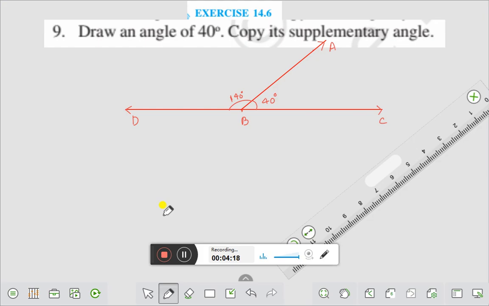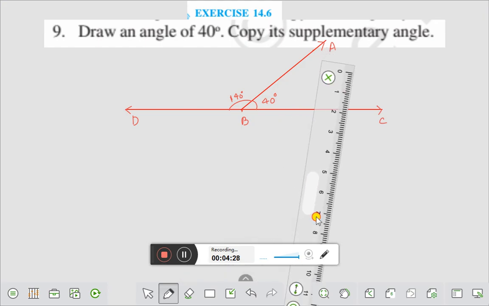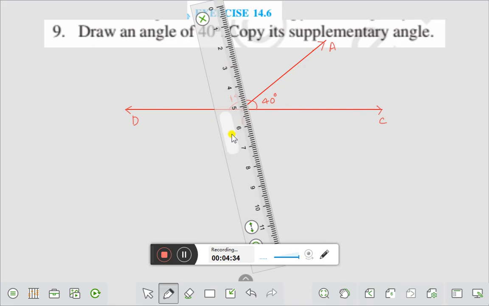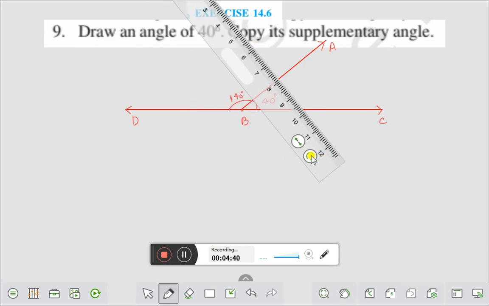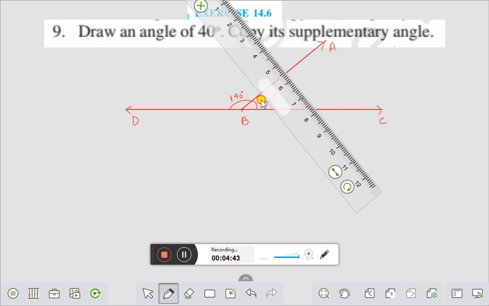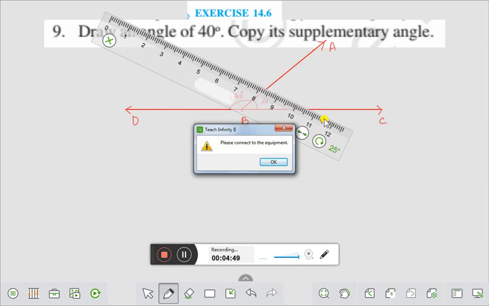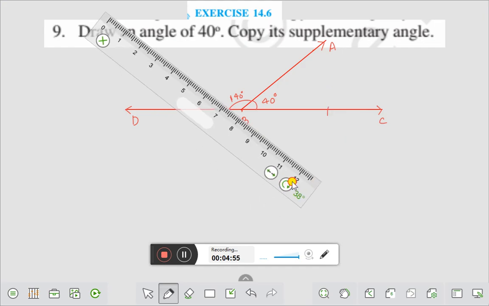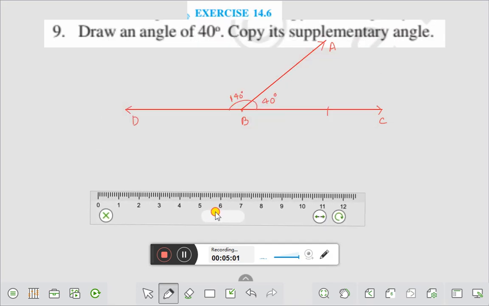For this, what you have to take, first of all, take a line here. Let us take a line.